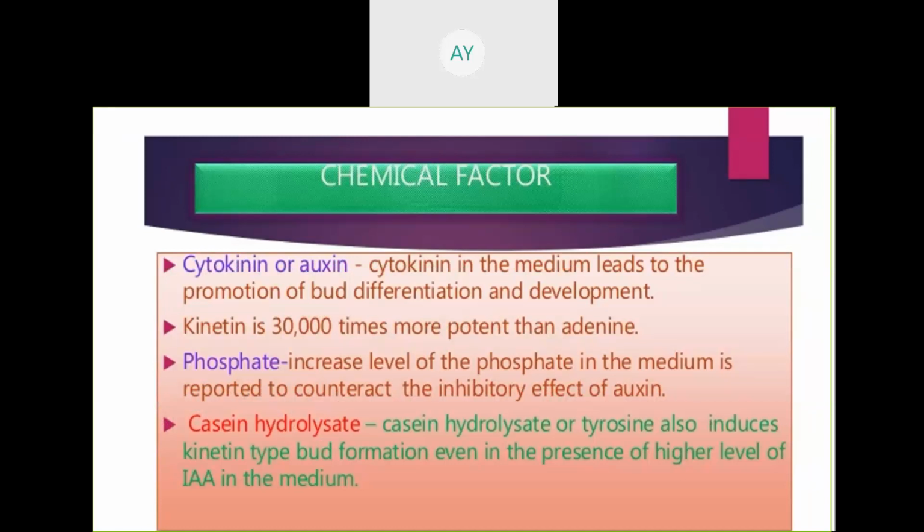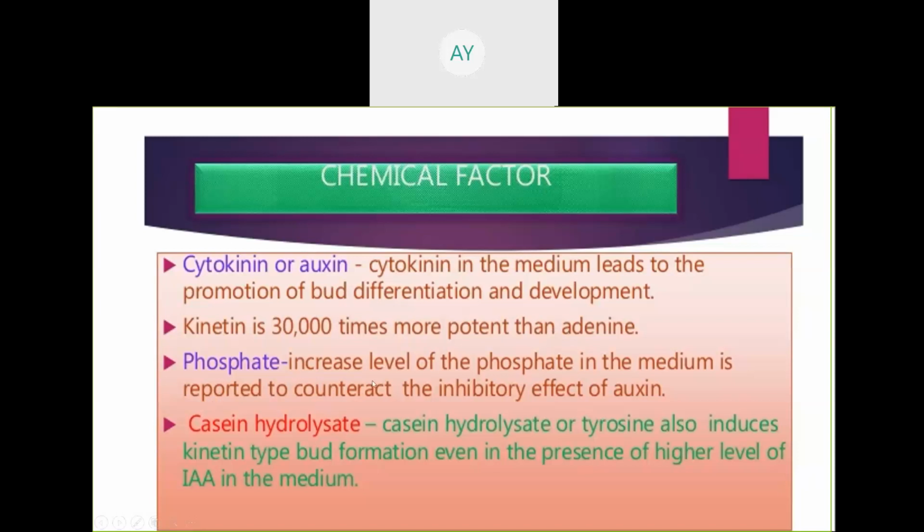Cytokinin and auxin are plant growth regulators, or plant hormones, that play a vital role in organogenesis and somatic embryogenesis, that lead to formation of bud differentiation. Means cytokinin is mainly responsible for bud differentiation. Then kinetin has 30,000 times more potential than adenine for stem formation or bud differentiation.